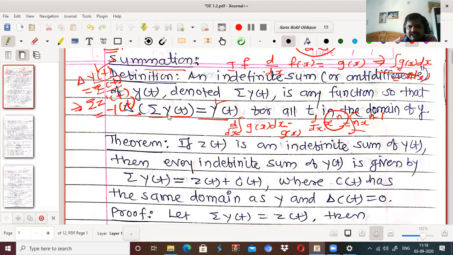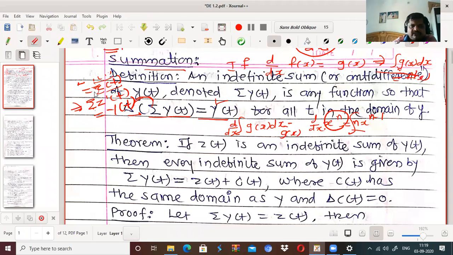Hence we can say that summation and delta are inverse functions of each other. Take yt, take its summation, then take its delta, we will get only yt itself. This clearly implies that if delta of yt equal to zt, then summation of zt equal to yt.